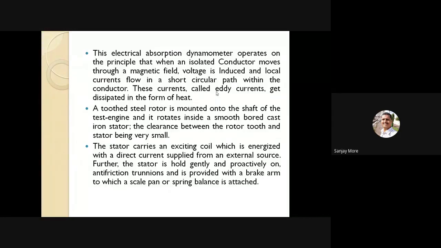The electrical absorption dynamometer operates on the principle that when an isolated conductor moves through a magnetic field, voltage is induced and local currents flow in a short circular path within the conductor.